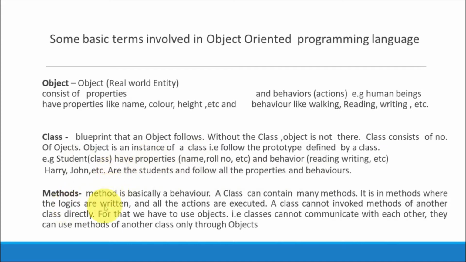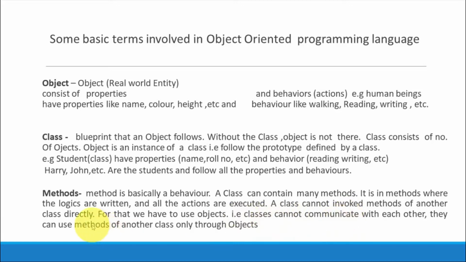So what are methods? A method is basically a behavior. A class can contain many methods. It is in methods that the logic is written and all the actions are executed. A class cannot invoke a method of another class directly. For that, we have to use objects. That is, classes cannot communicate with each other.